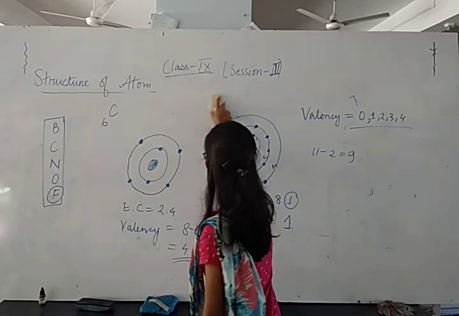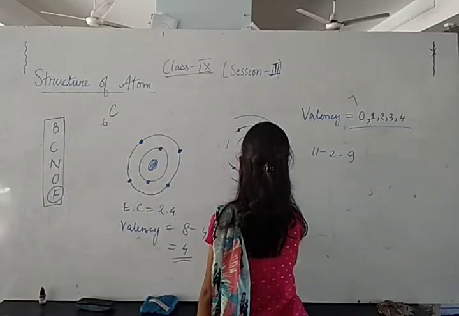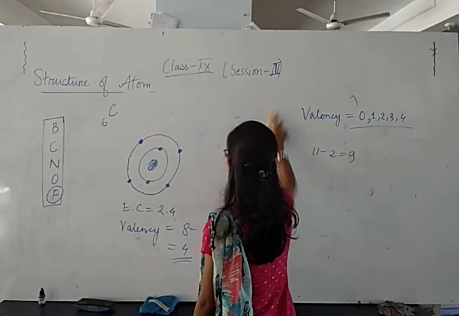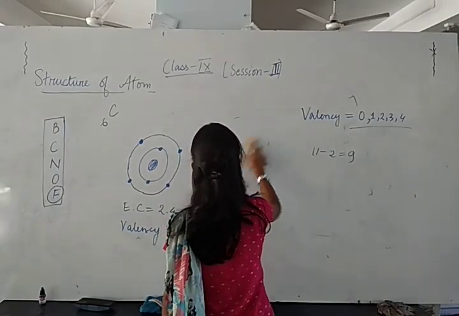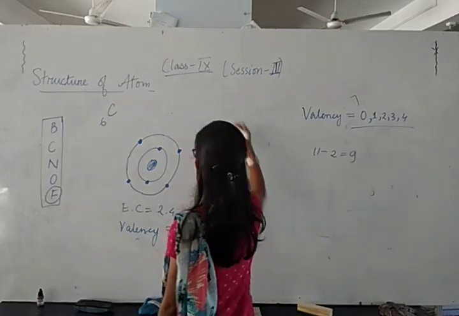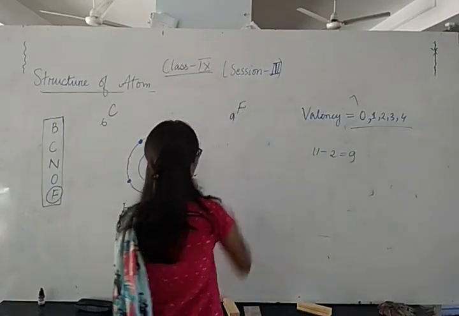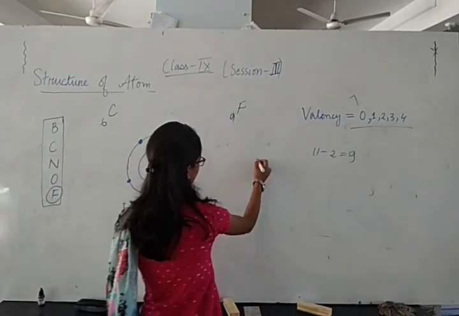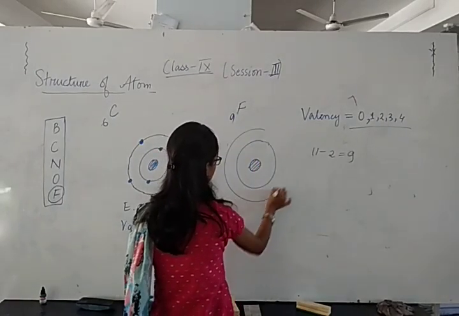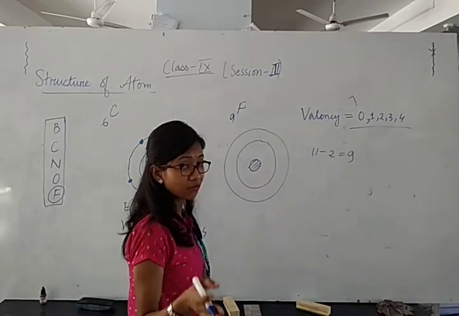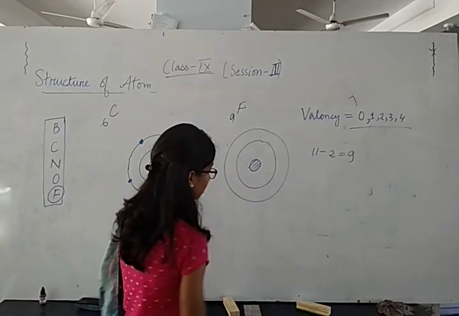Next, you see, for fluorine, I'll give you the structure of fluorine. How you have to calculate. The atomic number of fluorine is equal to 9. The nucleus is present as usual in the center. First cell, second cell. See, I know about the structure, therefore I have already written the cells.